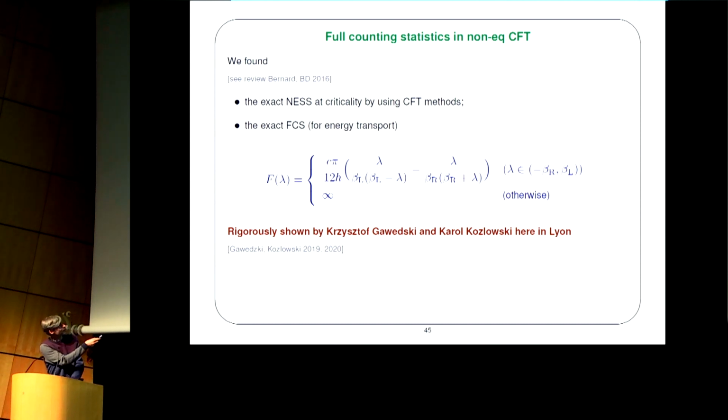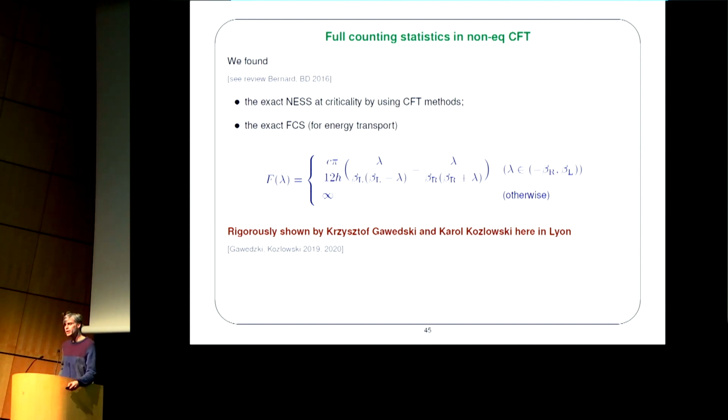Now this is interesting because we obtained that using kind of real-time methods in conformal field theory, but it was then later on proved by Christophe and Carole here in Lyon properly by using non-trivial conformal field theory methods, and in particular conformal welding, if I remember correctly. So this is kind of a very nice general result that was in the end proven rigorously by Christophe, which was very interesting for us.